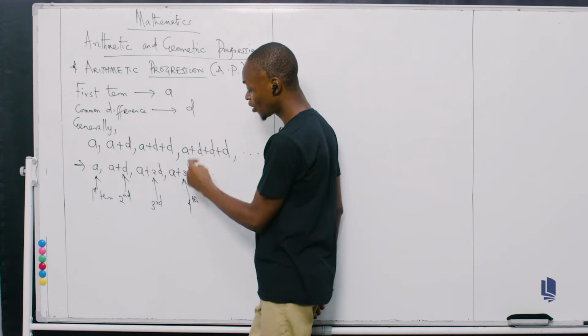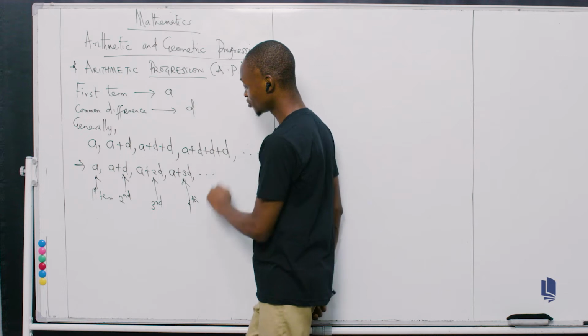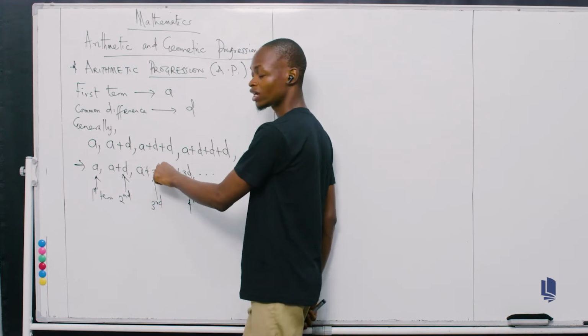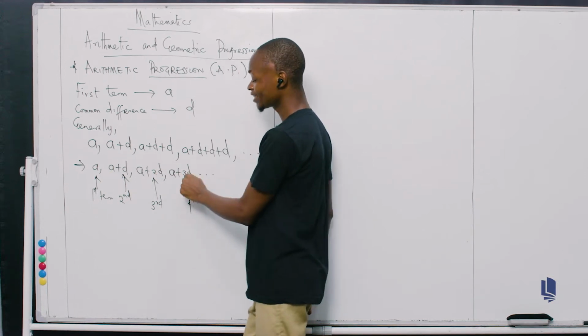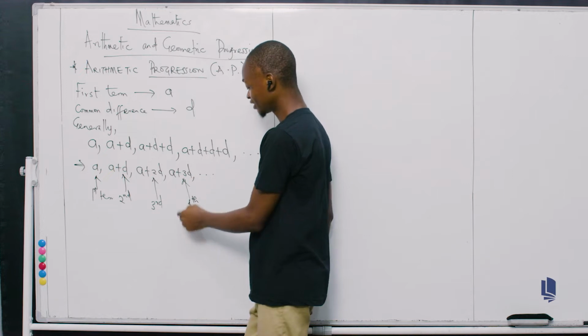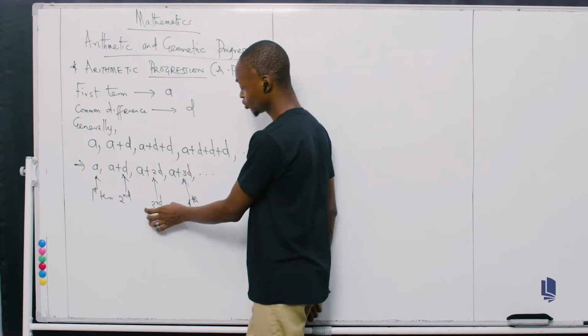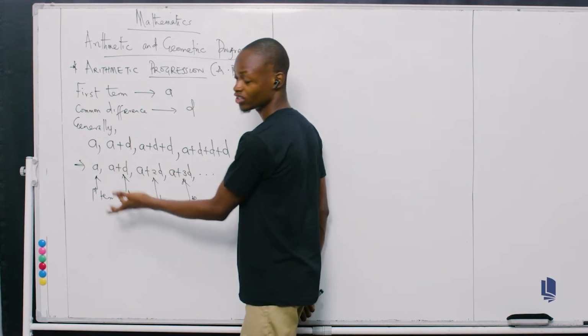And it's always one less than the term we are looking at, which means for the third term, we added 2 times the common difference. For the fourth term, we added 3 times the common difference. That is 4 less than 1, 3 terms. 3 less than 1, 2 terms. 2 less than 1, 1 term.